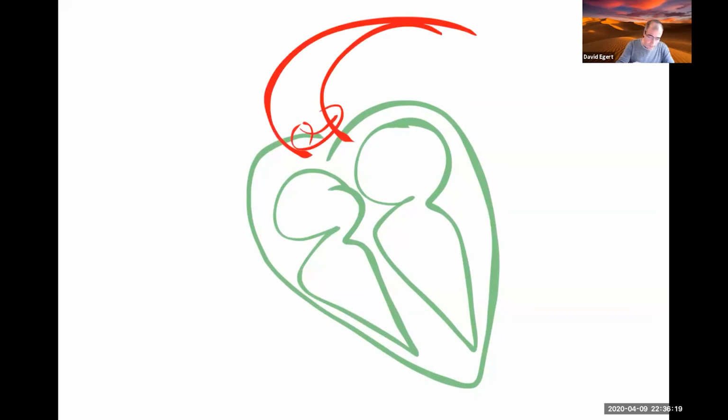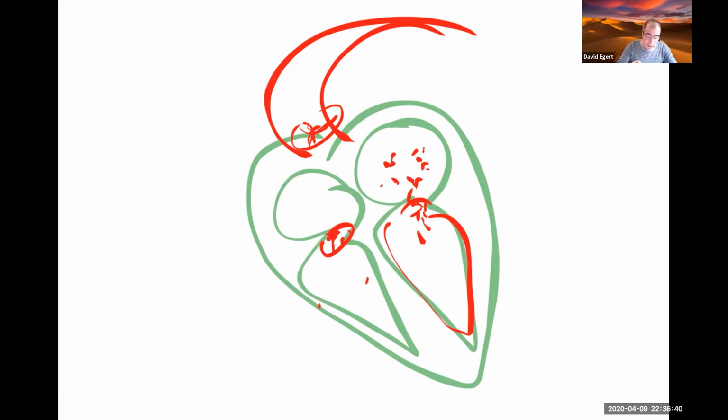A heart murmur, there's two kinds that you can get. Heart murmurs can be either because the AV valves don't seal well and the blood is kind of splooshing back up into the atrium when the ventricles contract, and it can happen on either side. And you can also get heart murmurs if the semilunar valves don't seal well.